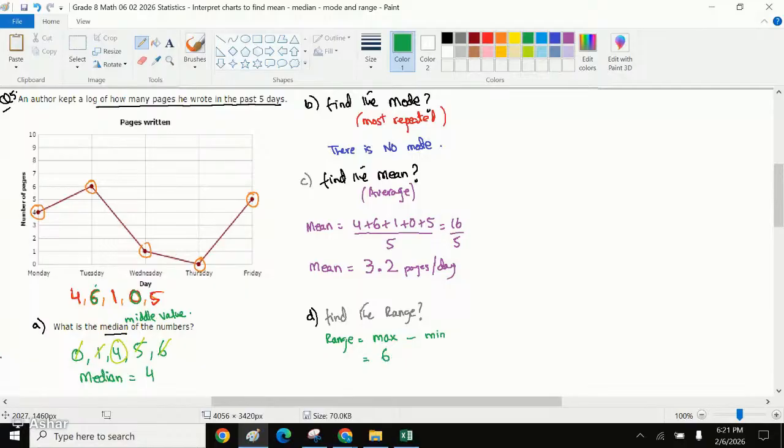That means he wrote 6 pages maximum on one day and minimum was 0. So the range defines his capacity of writing pages. He can write maximum 6 pages, right? The difference of the numbers. Do we agree?